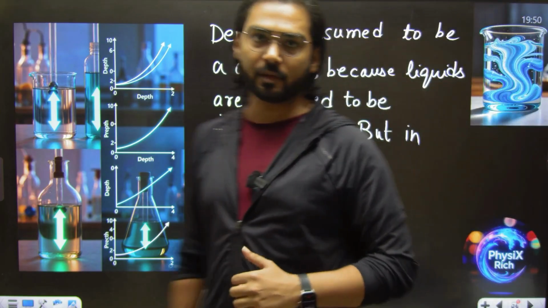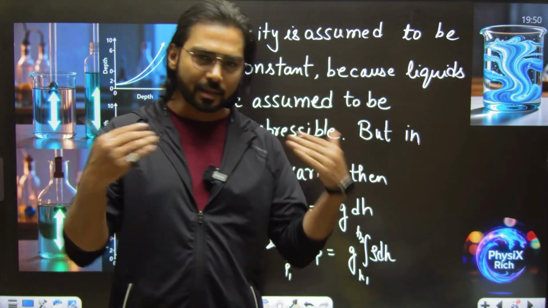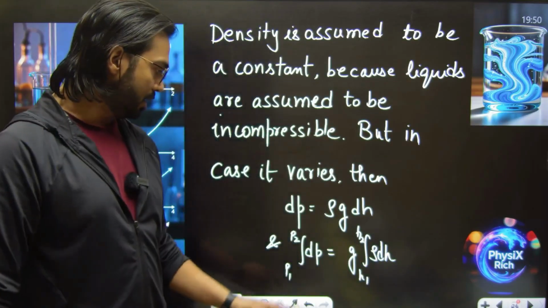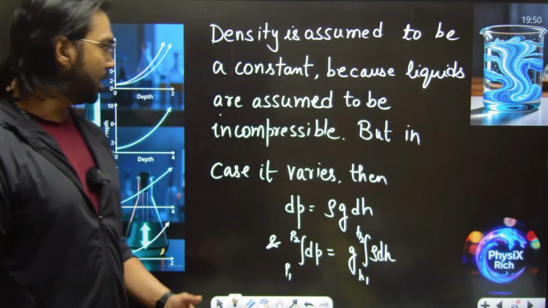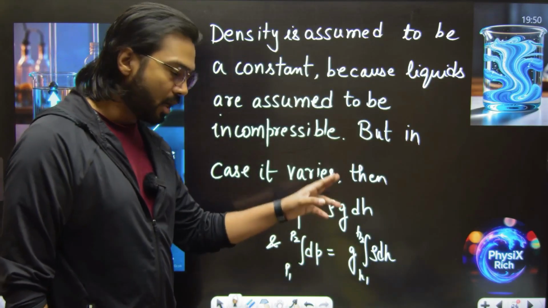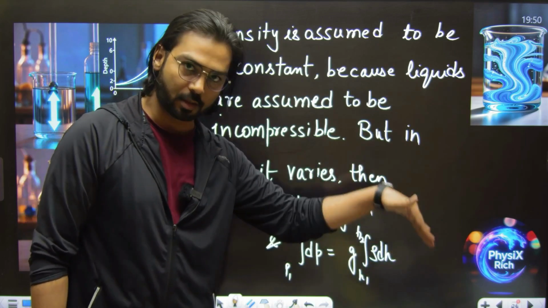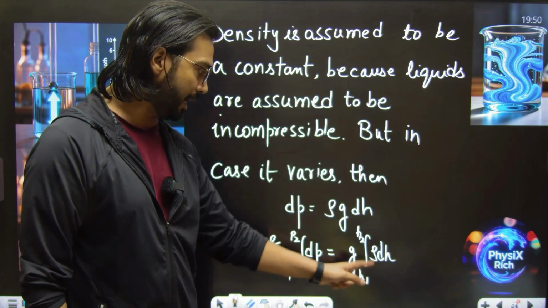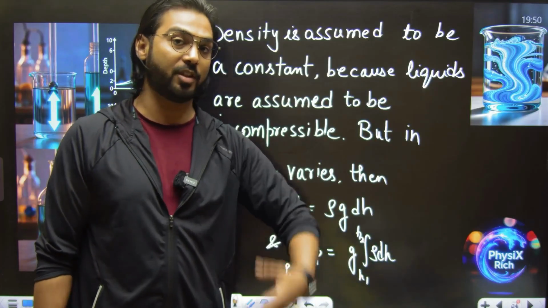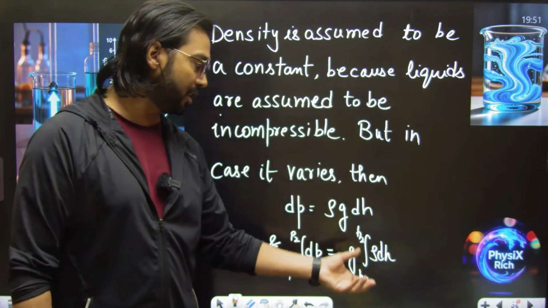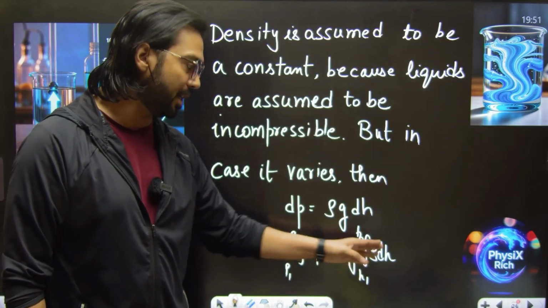In that case, guys, which is, well, never going to happen in your syllabus, but just in case, if that happens, then you are going to have to use a little bit of integral calculus. Then you're going to have to use that the density should be a function of the depth, all right? So rho dh is supposed to be integrated from h1 to h2, where h1 is the height of the first point, h2 is the height of the second point, and you're trying to find the difference of pressures between these 2 points, and that's why it is g times integration of rho dh.